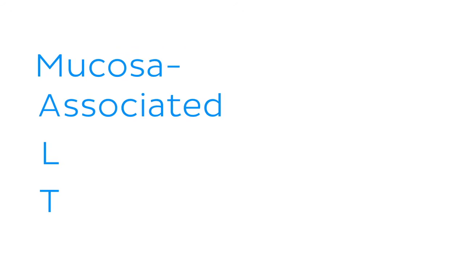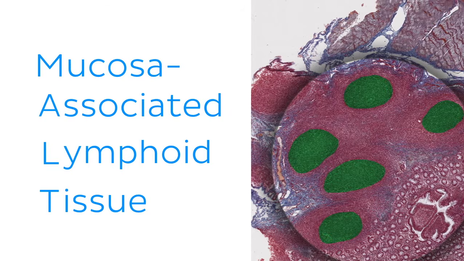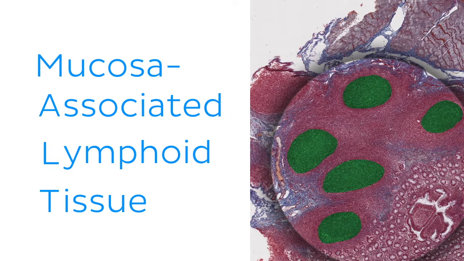What it actually stands for is mucosa-associated lymphoid tissue, which refers to clusters of lymphatic cells associated with the submucosa in various tissues within the body. There are several variations of this term relating to specific locations of the body. For example, BALT stands for bronchial-associated lymphoid tissue, and GALT means gut-associated lymphoid tissue.